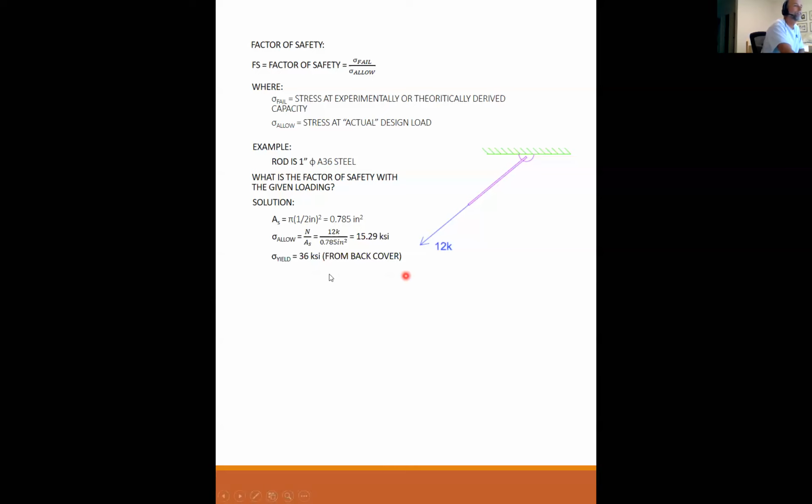So we're going to consider the yielding stress of this ductile rod, 36 KSI, as my failing stress. So my factor of safety then is my failing stress over my allowable stress, 36 over 15.29. I get a factor of safety of 2.35.